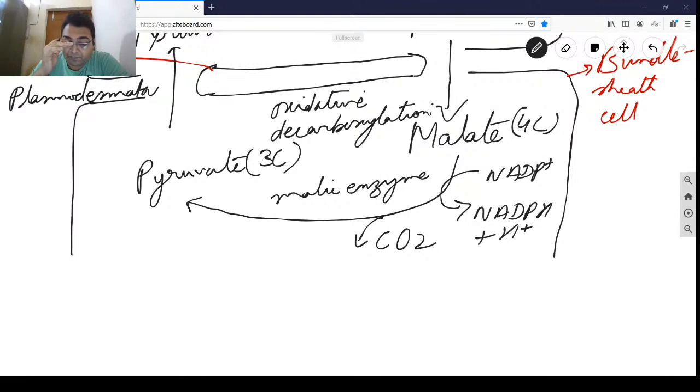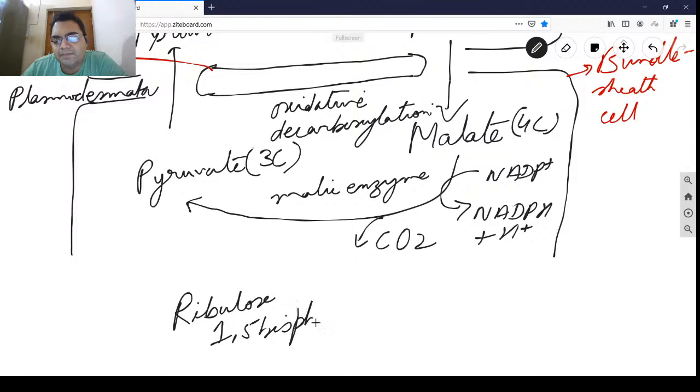Rubisco. It is poured on to Rubisco and then it will catalyze the synthesis of ribulose 1,5-bisphosphate plus CO2.